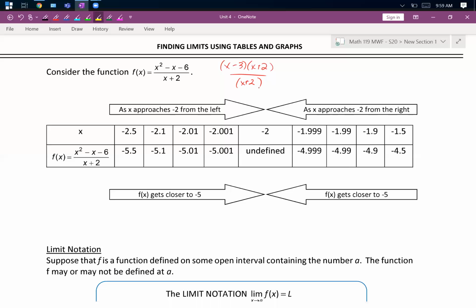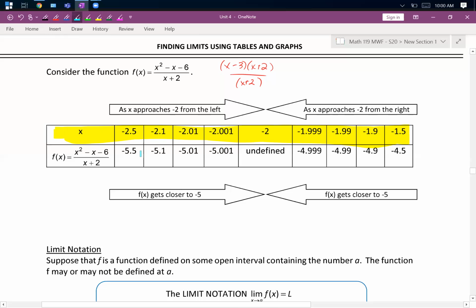So here, this is an XY chart, but I'm going horizontal with it. Here are my X values. What I did is I want to see what's happening as we get really, really close to -2, which is my undefined value. And then I have the corresponding Y values below it.